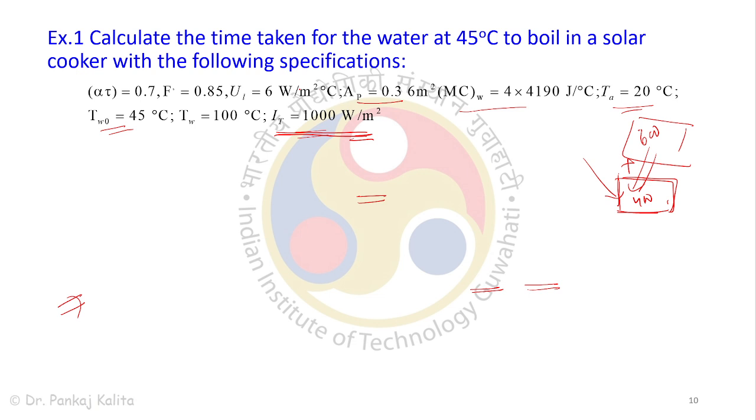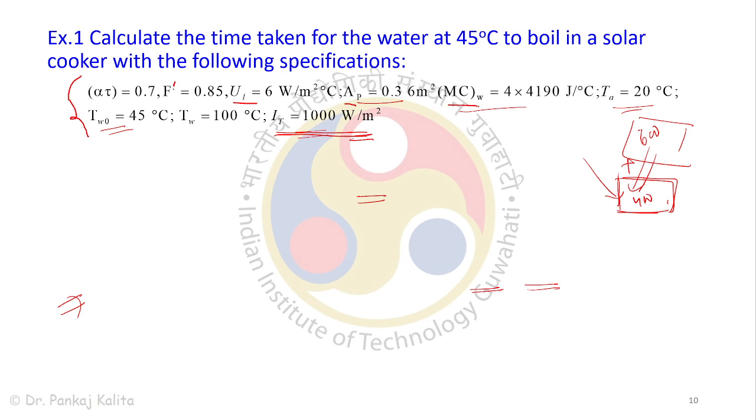Now this is the question based on the solar cooker. It asks to calculate the time taken for water at 45 degrees Celsius to boil in a solar cooker with the following specification. The average tau alpha value is given, your collector efficiency factor is given, your overall heat loss coefficient is given, and the area of the cooker is given.